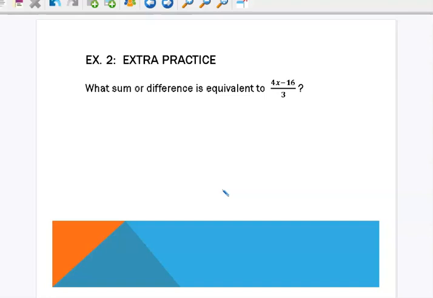Okay, I'll let you try this one on your own. Go ahead and pause the video, and then I'll come back and we'll see how we did. Okay, so the process, again, for this problem, 4x minus 16 divided by 3. Same kind of steps, right?